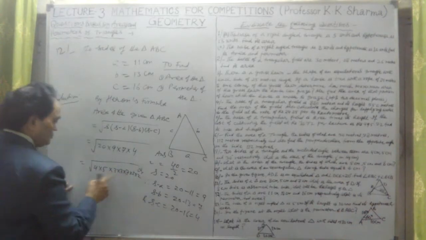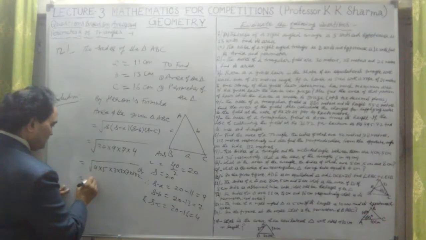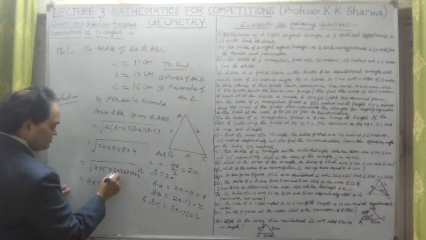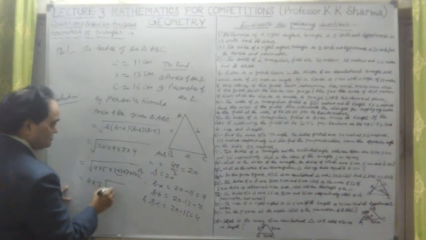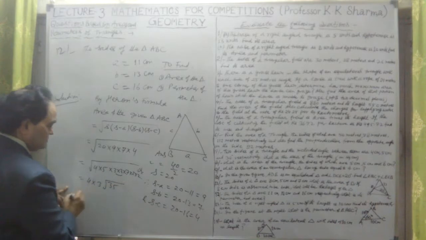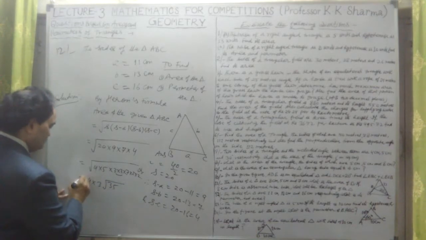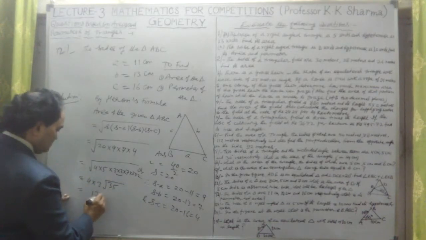So 4 into 4 gives 4 coming out, 3 has come out because 3 is a pair, and 5 and 7 remain under the square root. This is 12 square root 35.